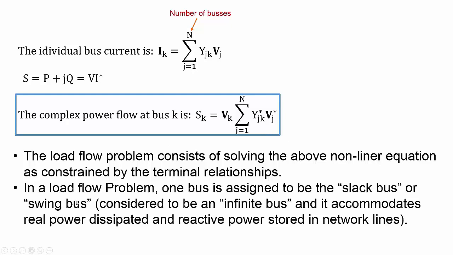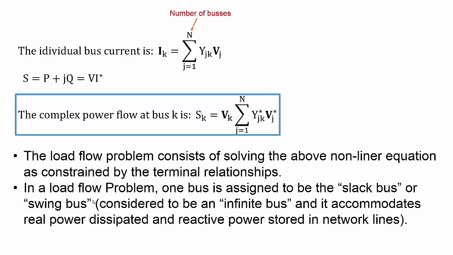In any load flow problem, one bus has to be assigned as the slack bus or swing bus. For that particular bus, we'll assume that the voltage and the angle are known.